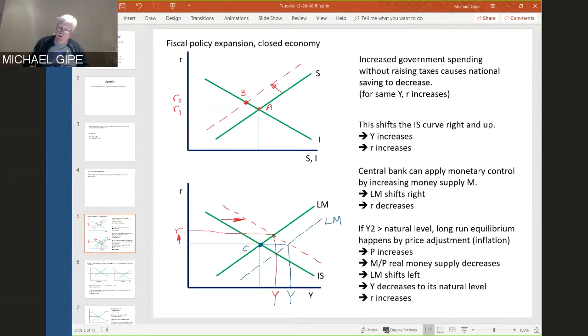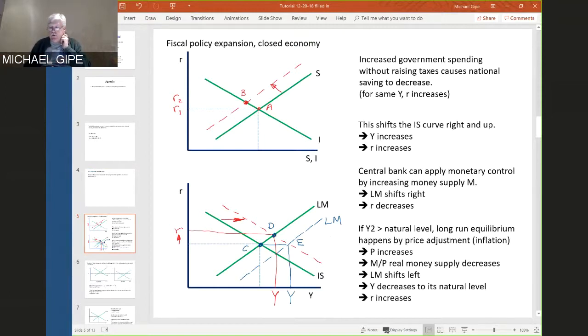That will raise the interest rate. And then if the central bank decides to support that, they can actually enhance it by increasing the money supply, which will bring us back to the original interest rate and further raise the output of the economy.